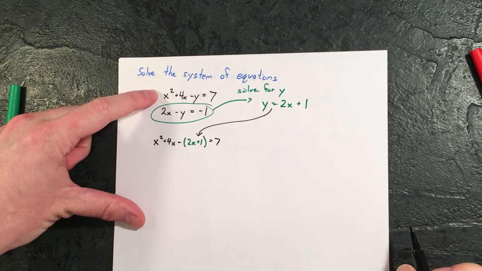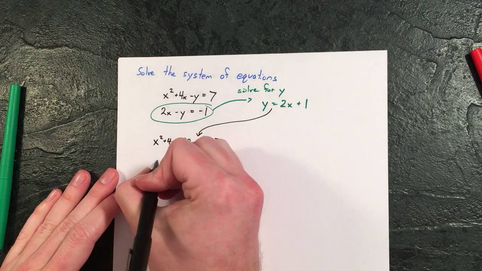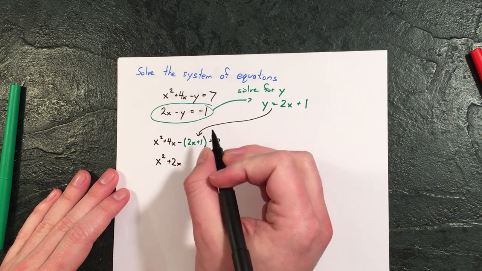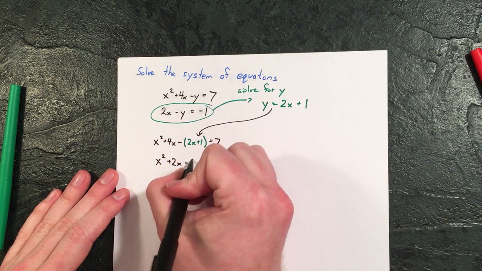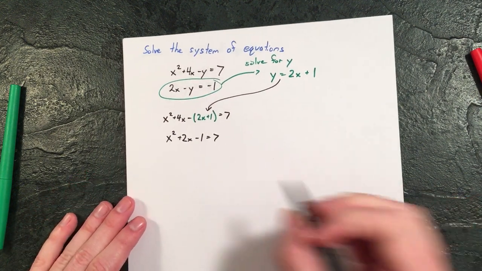Right, that's coming from the equation up above. Let's combine like terms, get everything to one side, and see if we can get anything going here. x squared, 4x minus 2x, leaves us with plus 2x. We have minus 1 equals 7. Let's bring that 7 over to the left side as well.